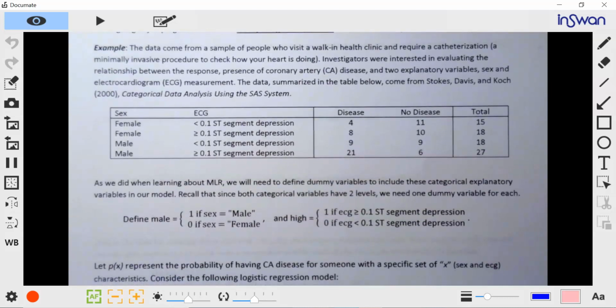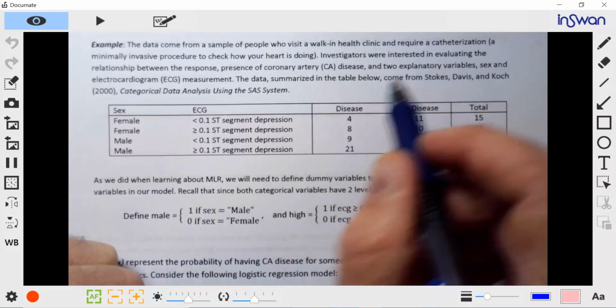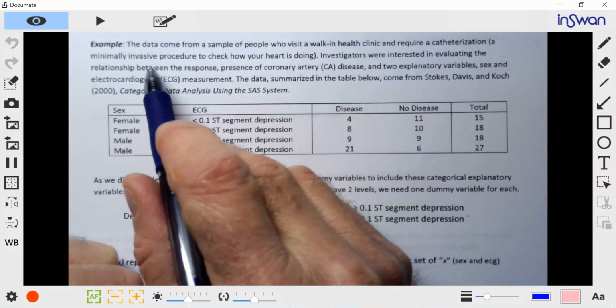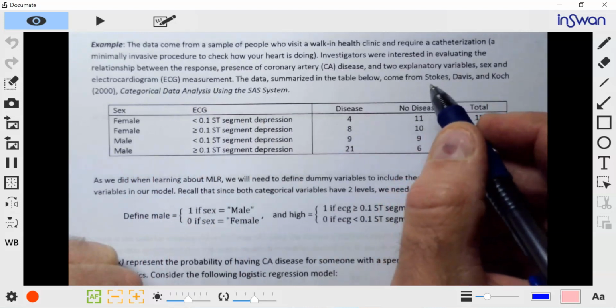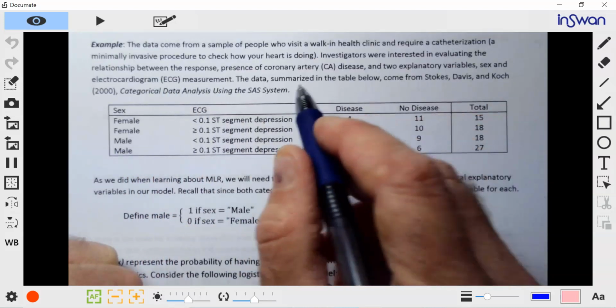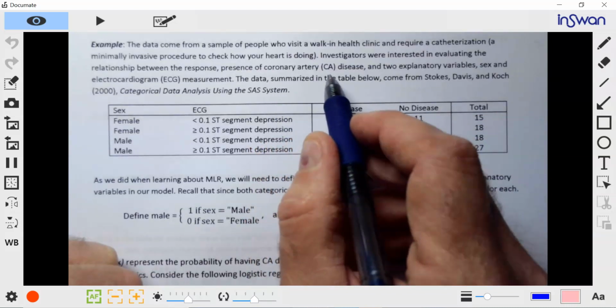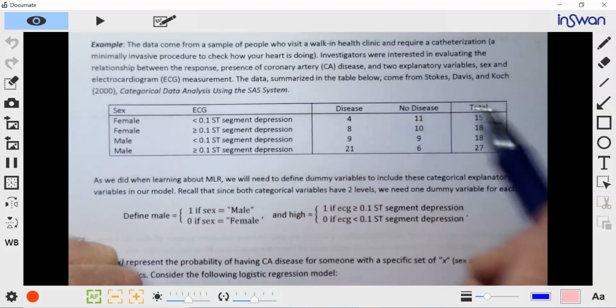A sample of people who come to a walk-in health clinic and require a catheterization, which is a minimally invasive procedure to check how your heart's doing, but of course anything that's invasive could be problematic. We're going to look at the presence of coronary artery disease as our response variable, so it's going to be present or not, disease or no disease.